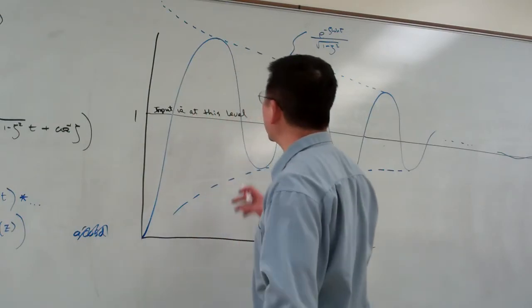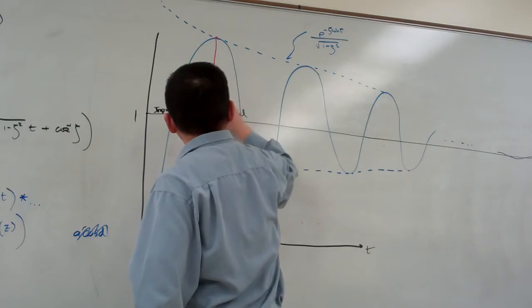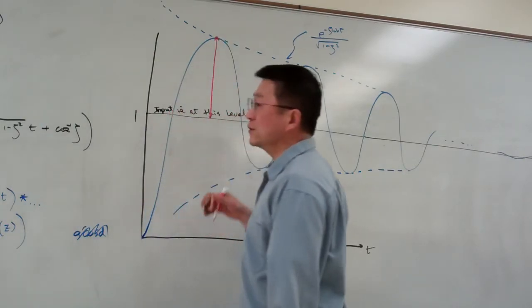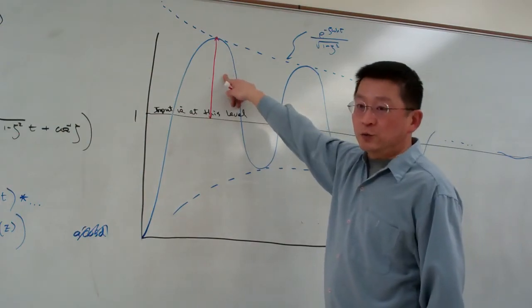The first one is this value here. For the first overshoot, we have quite a few peaks. The first peak is always the worst one.